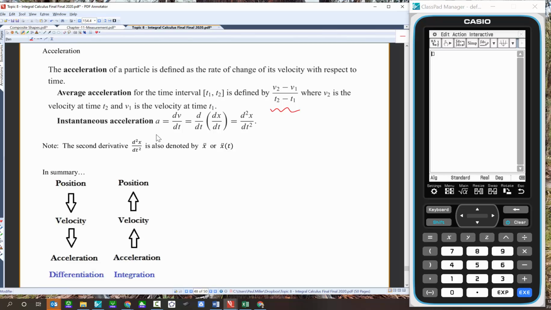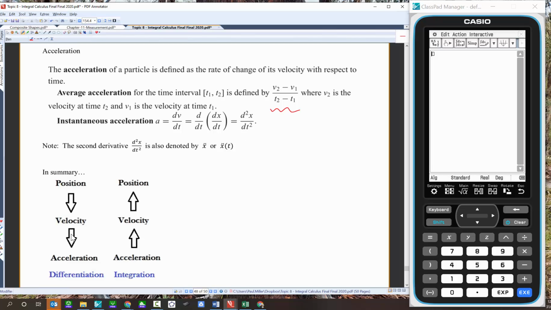More likely, we're going to be asked for the instantaneous acceleration at a given point in time, which we would get by deriving the velocity function and then putting in a value for x. Or we'd double derive the displacement function to get the acceleration function straight away, and then put in a value of x, which would do the same thing.